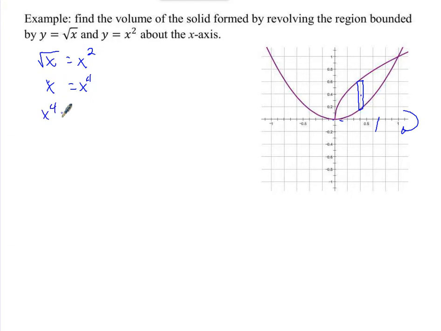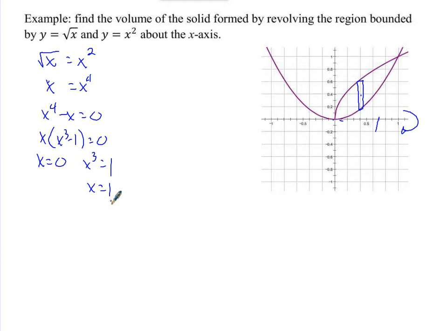I have x to the fourth minus x equals 0. X times x to the third minus 1 equals 0. X equals 0. X to the third equals 1. So x equals 1. Not plus or minus 1 as a third root. So we do have 0 and 1, which is nice.